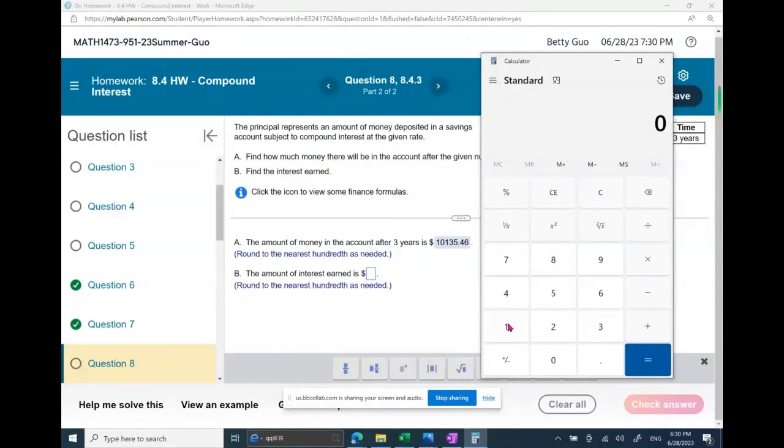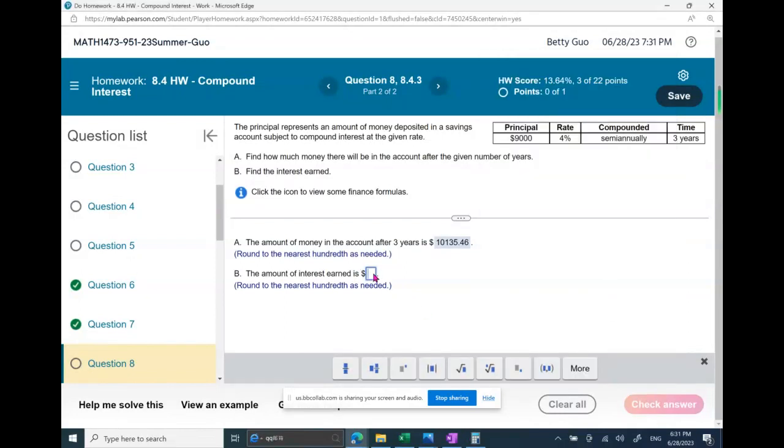So we are going to use 10135.46 minus 9,000. And the difference is the interest: 1135.46.